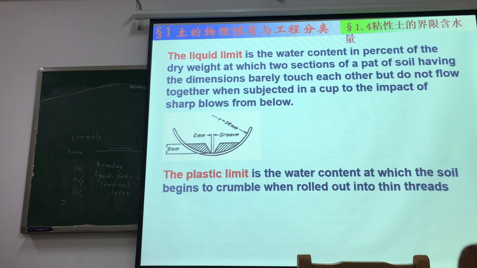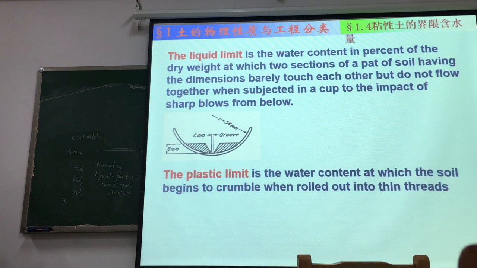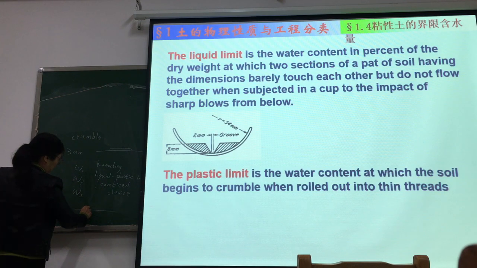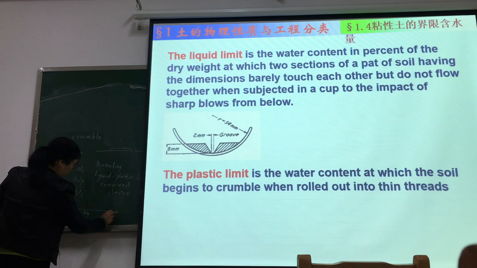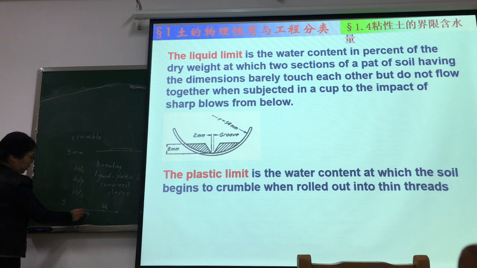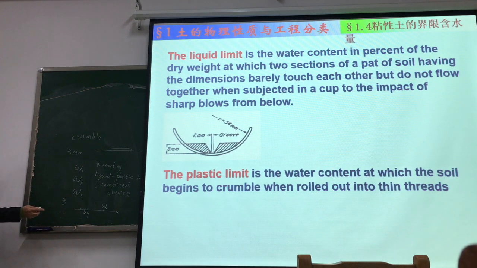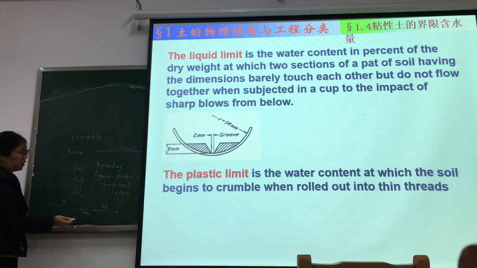Okay, one for less water content, near the plastic limit. Maybe here we take 1 sample, the water content is more than the plastic limit. 1 sample, water content between the plastic limit and the liquid limit.